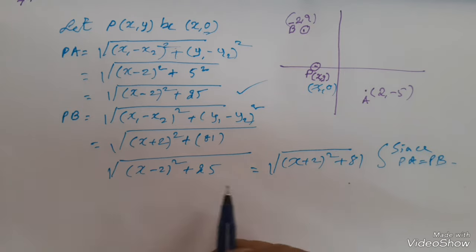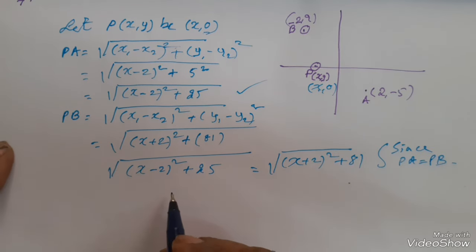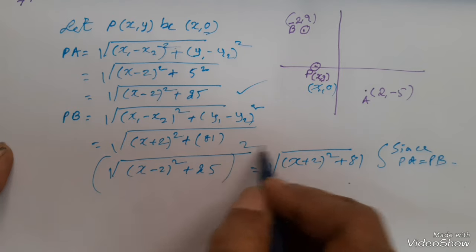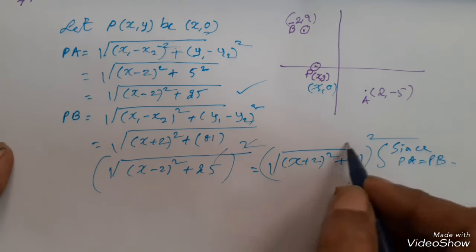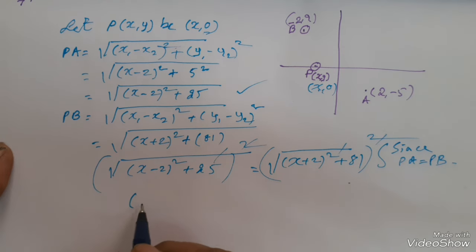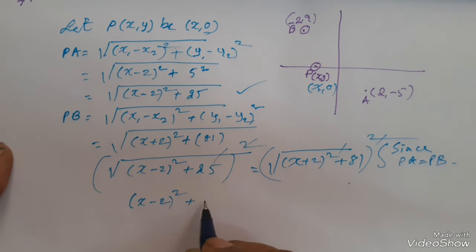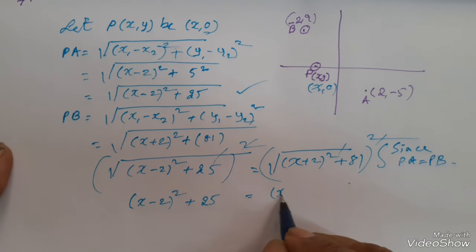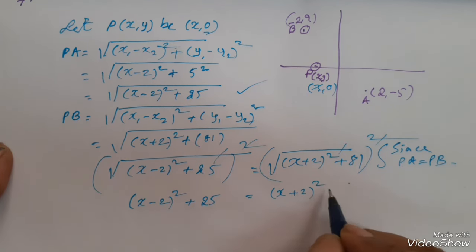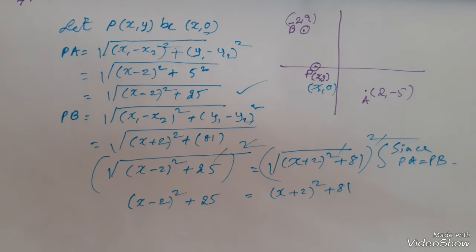First squaring on both sides. When you're squaring on both sides, square roots are cancelled here. Then this side we have (x minus 2) whole square plus 25, this side (x plus 2) whole square plus 81. Now how can you find x here?